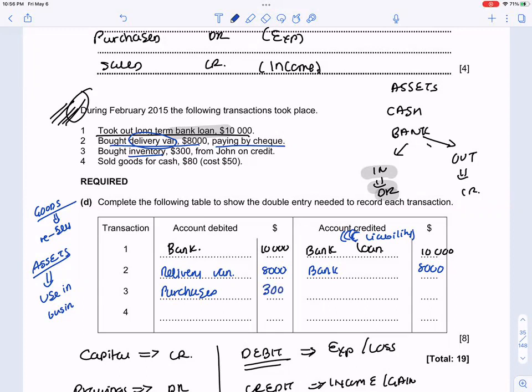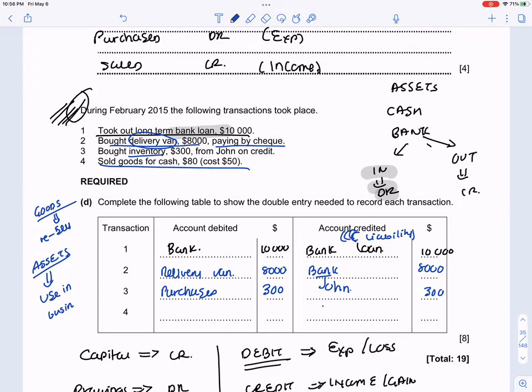What is the account that you will credit? John on credit. So you probably took it from John. So you write John. Come on, this one. Sales and cash.